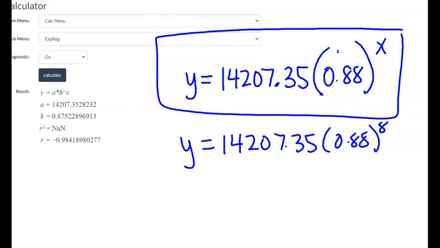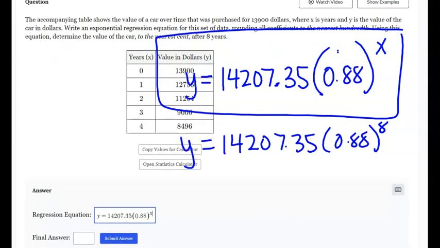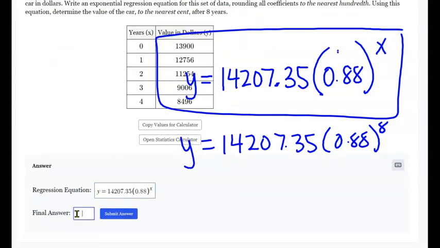All right, so I'm going to leave this ink on the screen while I go back here so I can type it without messing up. And it is y equals 14207.35, parentheses 0.88, Shift 6. Oops, not an X. This is an X. So when they want the equation, they want it with the X. And then when they want the final answer, they want it with the 8.